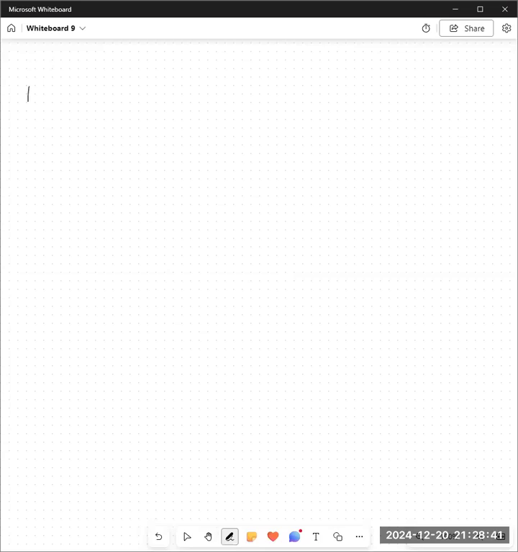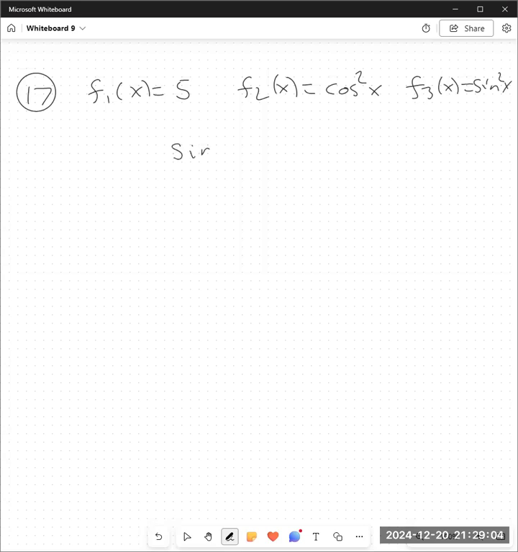Let's go ahead and look at 17. I have f1 of x is equal to 5, f2 of x is equal to cosine squared x, f3 of x is equal to sine squared x, because I know that sine squared x plus cosine squared x is equal to 1.